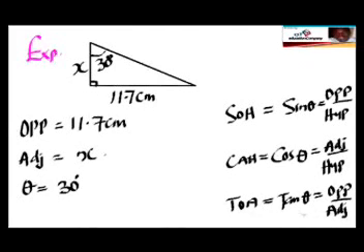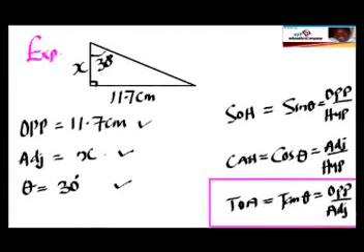So if I apply this now, which of the formulas am I going to use? Here I'm having opposite, I'm having adjacent, and I'm having theta. So which of the functions am I going to use? Opposite and adjacent is this formula here. So I'll just take note of this very formula. This is the one I'm picking out. So the others I will leave. Now I'll quickly show that.